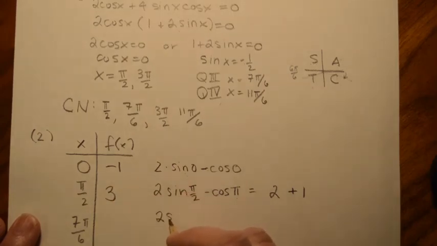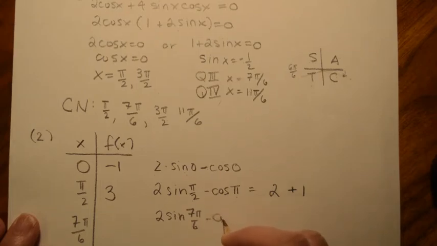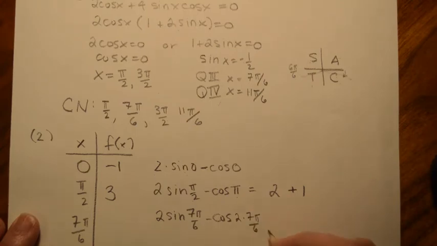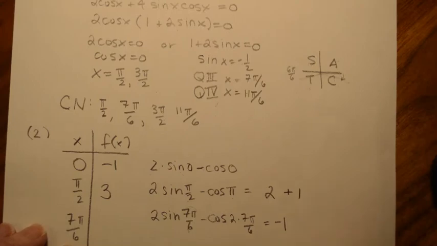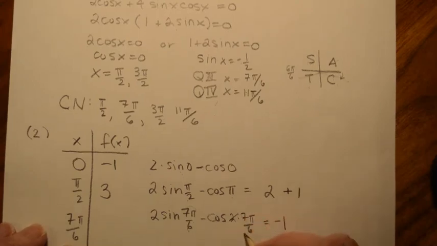All right, 2 times sine of 7 pi over 6 minus cosine of 2 times 7 pi over 6. Again, we just did this one. This is a half, but since it's in quadrant 3, it's negative 1/2 times 2, which is going to be negative 1. Now the cosine: we're actually being asked to find 7 pi over 3.